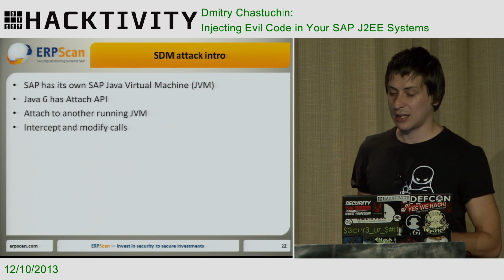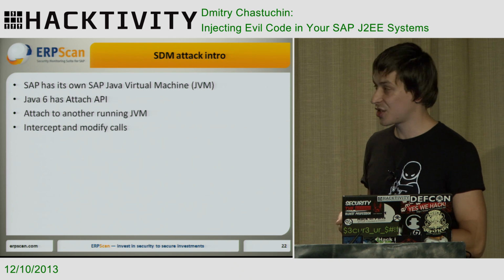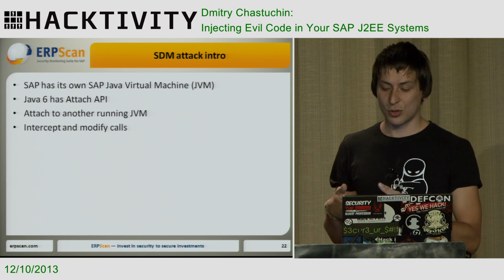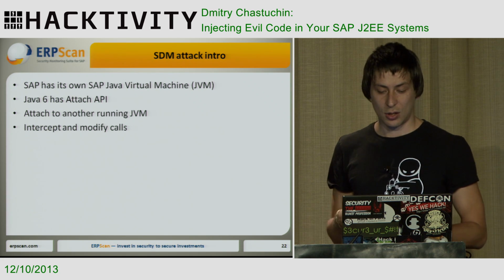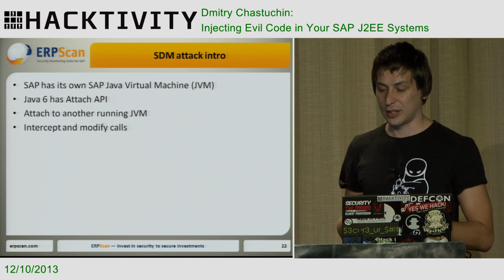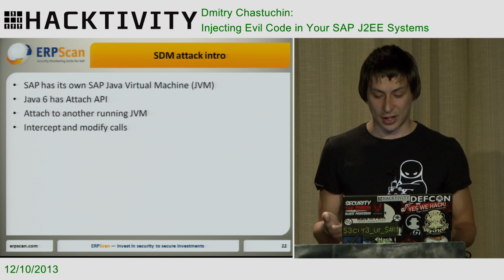The attach API is an extension that provides a way for a Java process to attach to another JVM at runtime. This can be used to load Java agents onto a remote virtual machine. Those agents can then redefine classes or retrieve information about the JVM to which they attach.